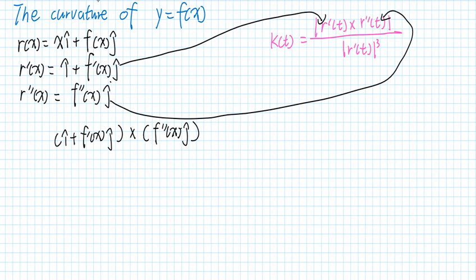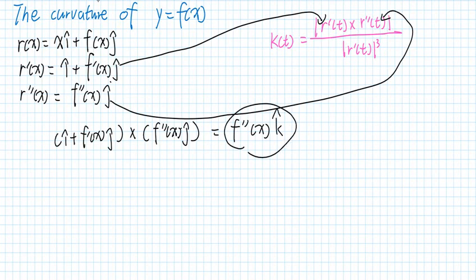And here, since j times j is 0, they are parallel vectors. We only have i times f''(x) j left. So finally, we derive f''(x) k.